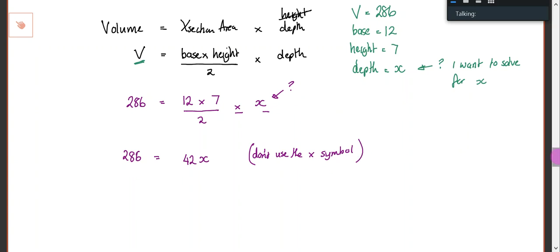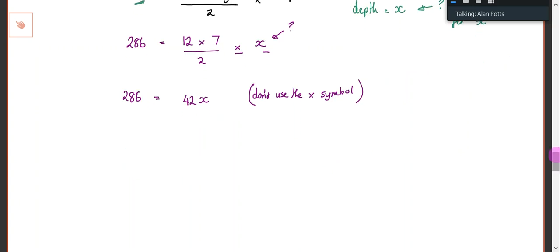Right, what would you do here now to work out what x is? 42x equals 286. It is. Do you want me to rewrite it the other way around, like that? If it helps you, then that's not a problem.